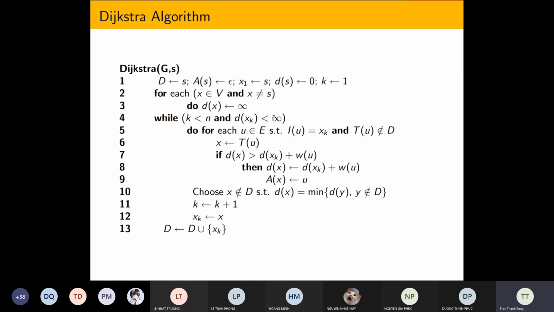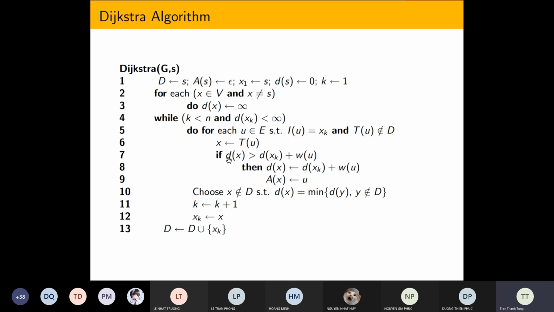For each edge such that the initial vertex of that edge is xk, where x1 is S at the beginning, and the terminal of u is not in D, the set of vertices that we take, we call the terminal of u x.